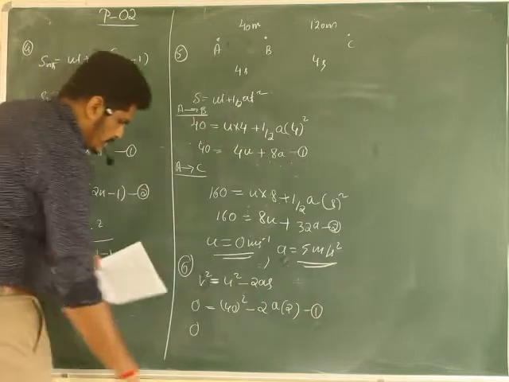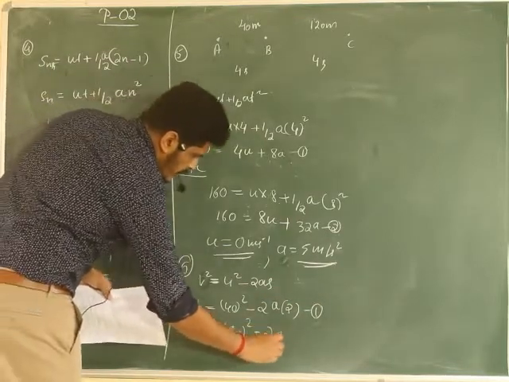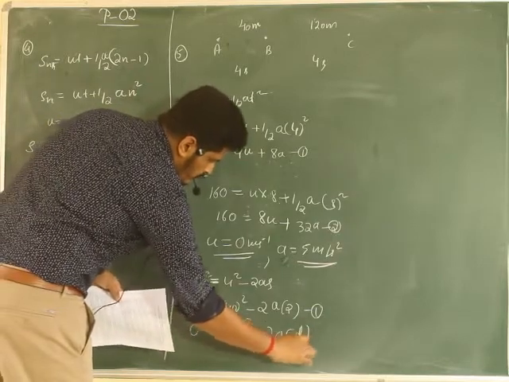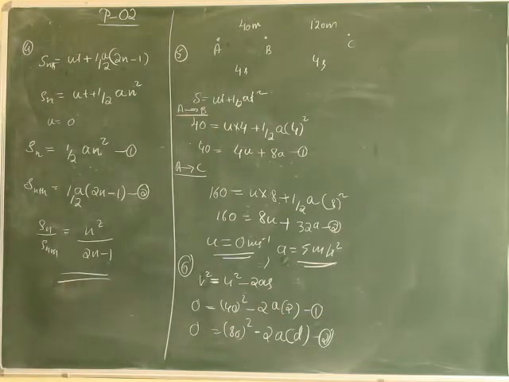Next, in the second case, equation number 2 we can take. Second case, what is that? 80. So 80 square minus 2a. What is the distance travelled? We don't know. Let us take D. Now once you start evaluating these two equations, you are going to get two equations like this.